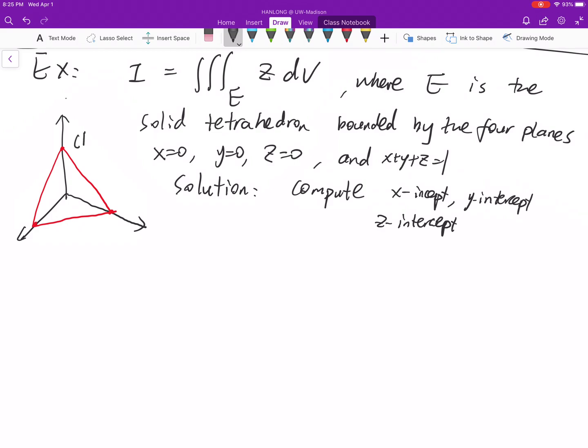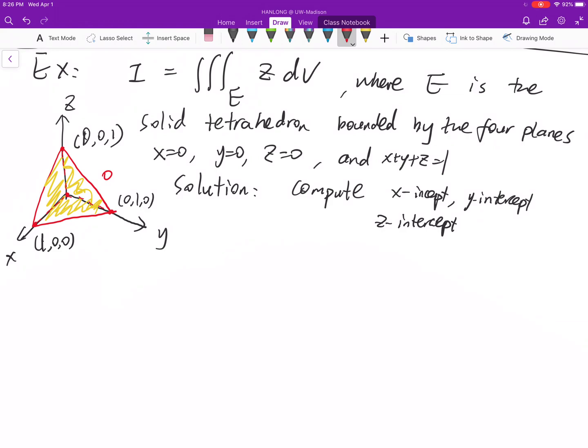So you will have the x-intercept is (1,0,0), y is (0,1,0), z is (0,0,1). And then the solid you have is this one, bounded by the origin and these three points.